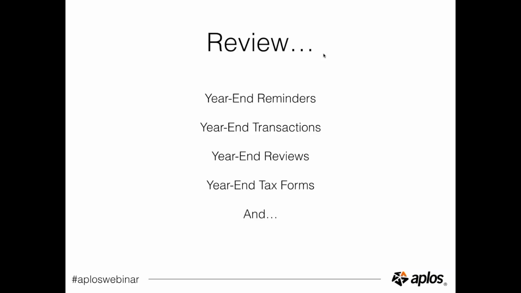Your year-end review, so make sure that your accounting system has been reviewed, that all assets and funds and liabilities and income and expense accounts are created and accurate and accounted for, and then any sort of operational reviews like health insurance and internal controls and insurance and that kind of thing. Make sure that those are all reviewed as well. And then year-end tax forms: 1099s, contribution statements, and then the W-4 or W-2, whichever one. Make sure those are done as well.